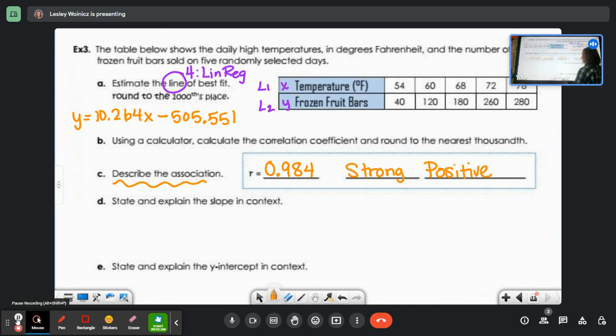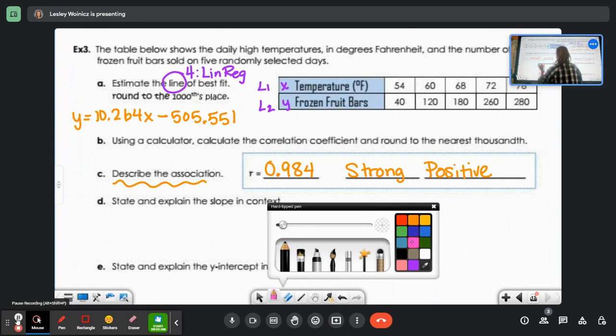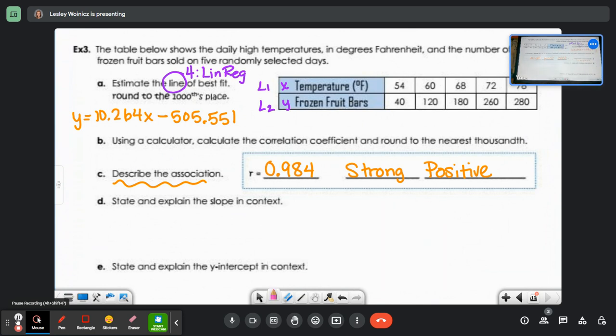Okay, we're going to state and explain the slope. So the m is 10.264, and we can write it over 1 so it looks like a fraction. Be careful here, the y is the frozen fruit bars. So this is the bars.